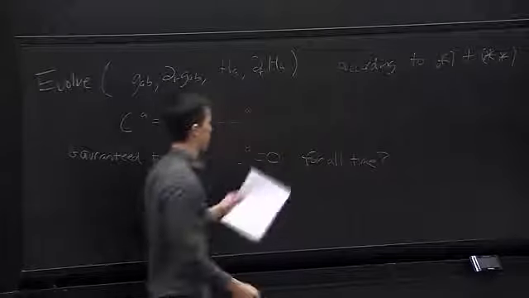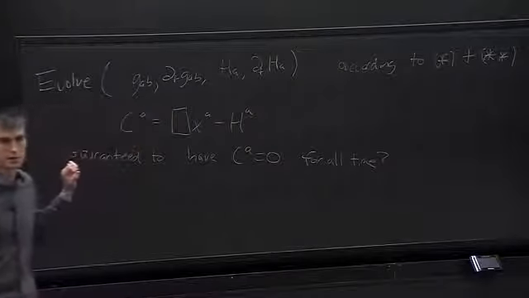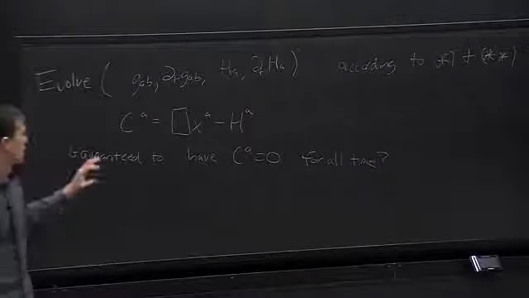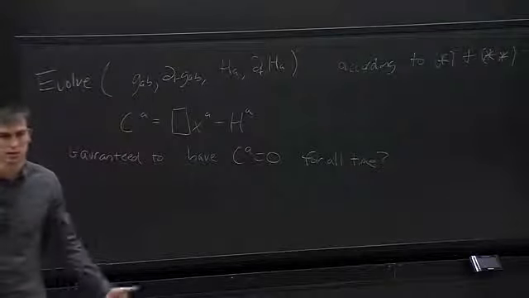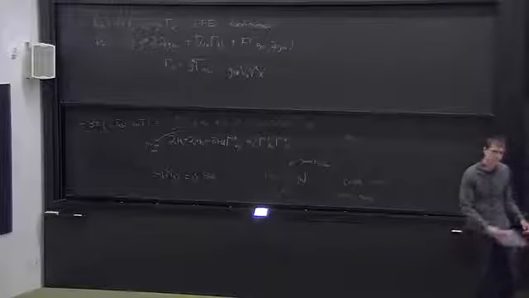So this is now the constraint of our system of equations. If this is not true, then even if we're evolving with this, we're not actually solving Einstein's equations.